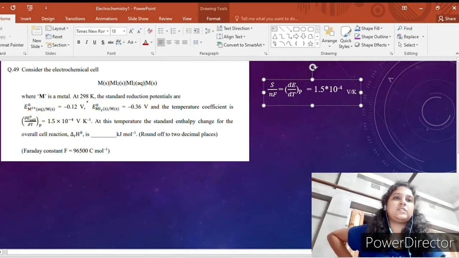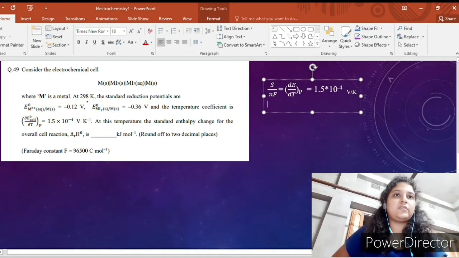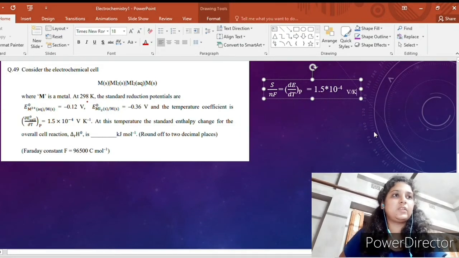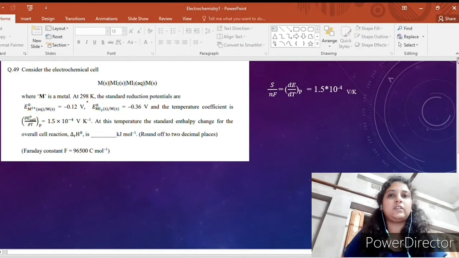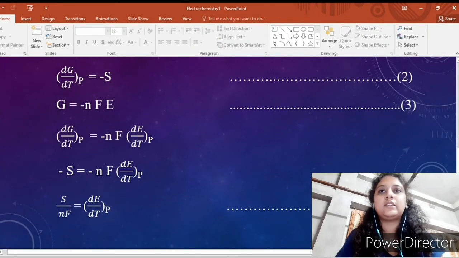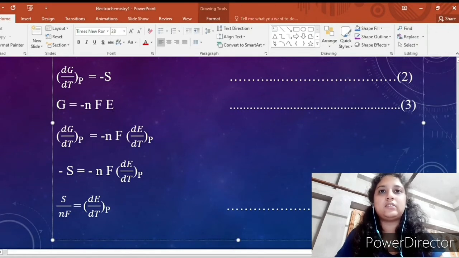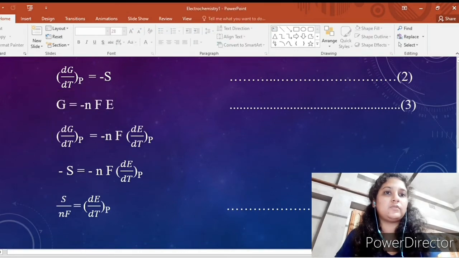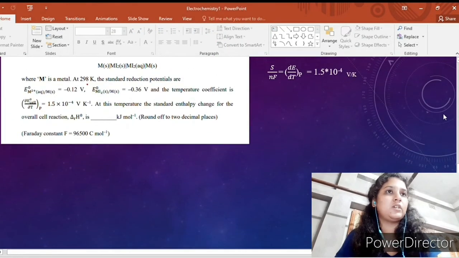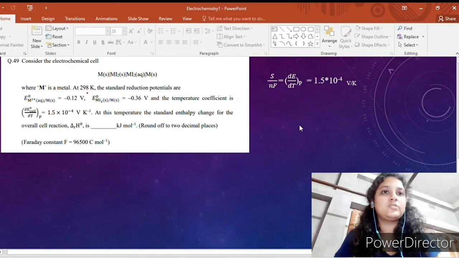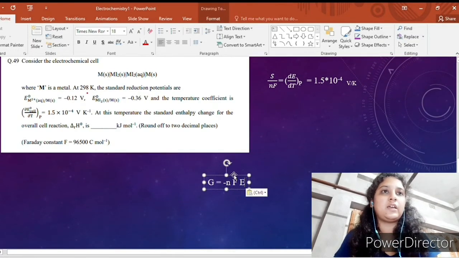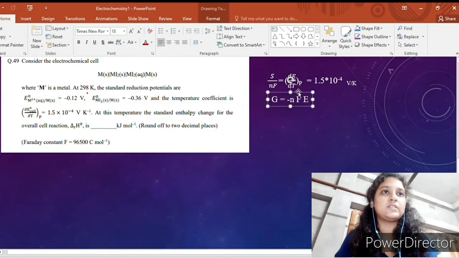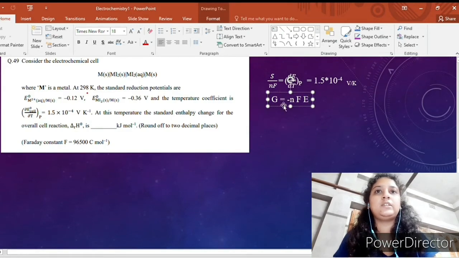Now this equation is given for us. Another equation that is known to us is G is equal to minus nFE. I am writing it here so you can understand what steps I am following to solve this problem.